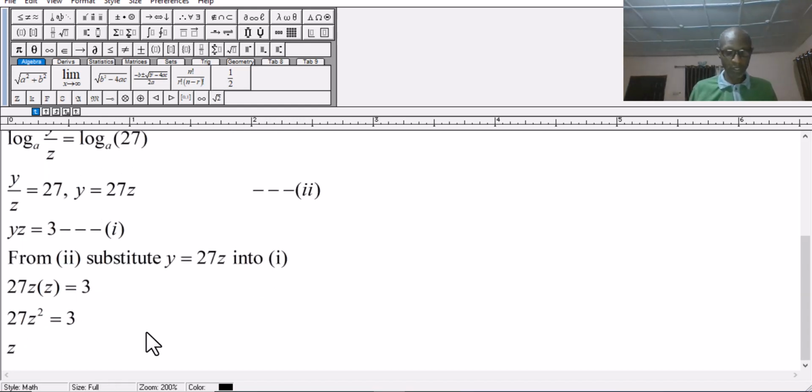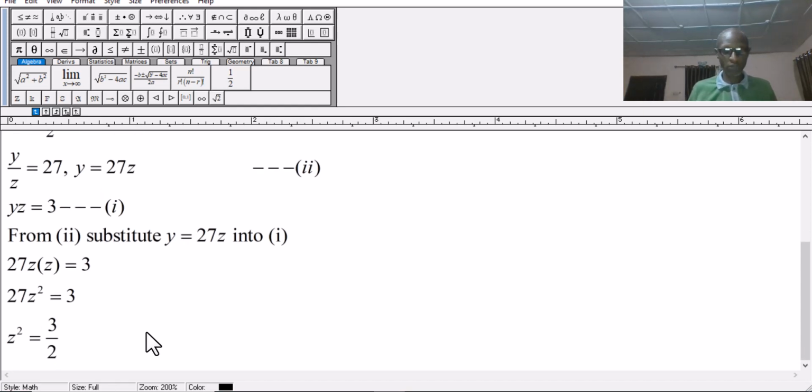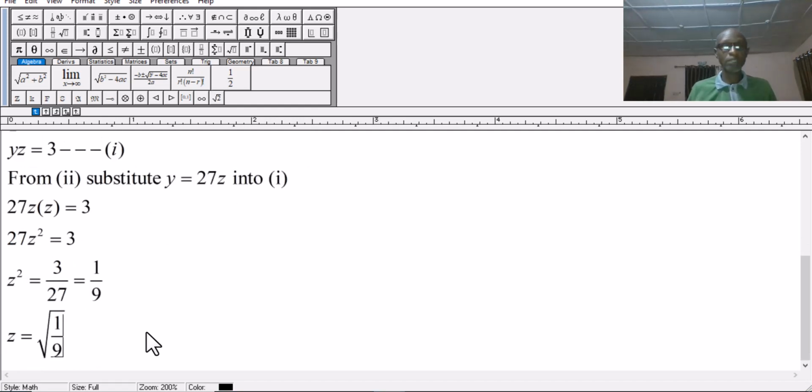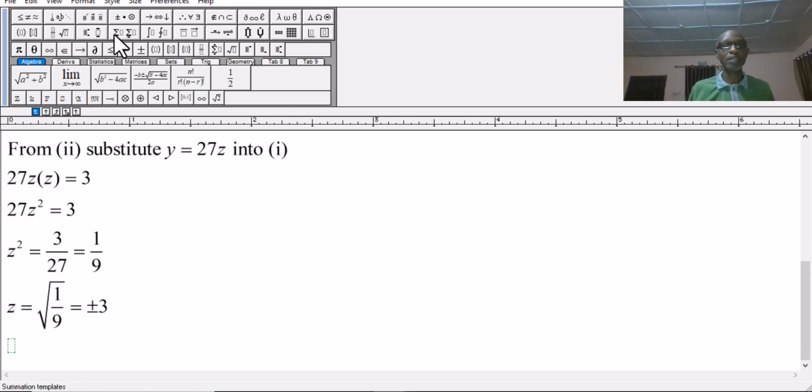So z squared is equal to 3 over 27, which is 1 over 9. So my z itself is the square root of 1 over 9, which is the same thing as plus or minus 1 over 3.